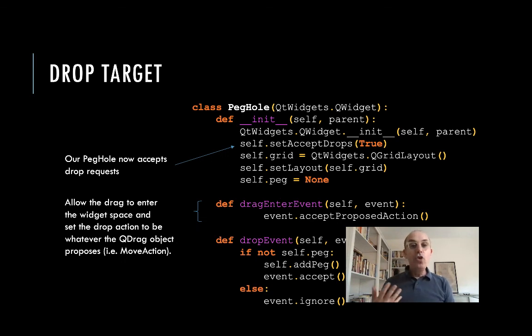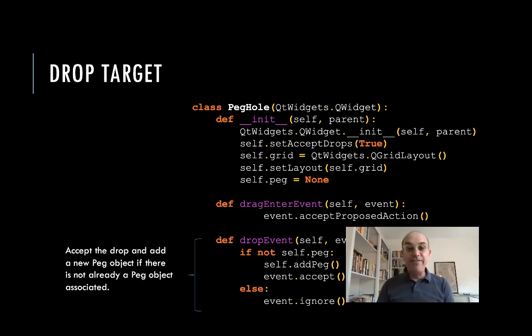So our new concept, drop request, will consist of self.setAcceptDrops, and the grid of it, and the self layout and the self peg, which is also None. And by the drag enter event, we will create an event by itself with those premises that we are defining.